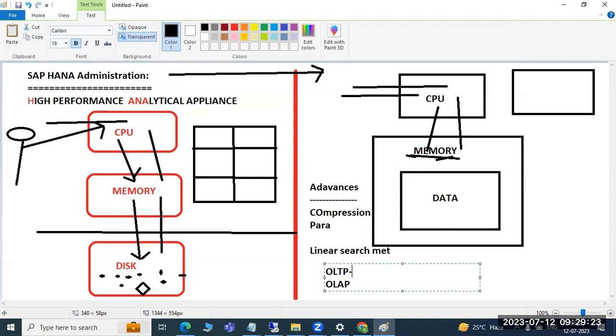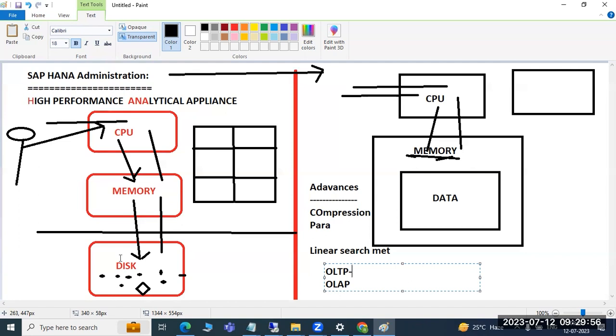If you log into Amazon or Flipkart and book one order, that is one transaction. Previously there was a dedicated database for OLTP transactions, that is the ECC and NetWeaver systems. And OLAP means the analytical system, the BW system, which holds historical data. Historical data is also saved into the HANA database.